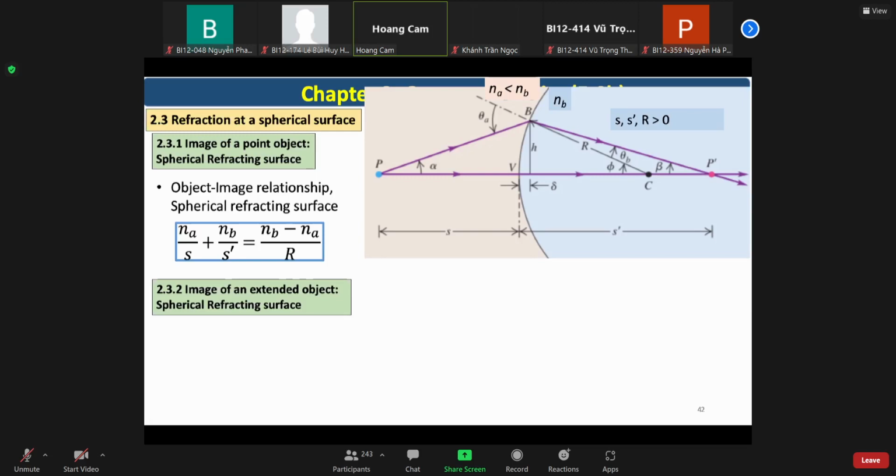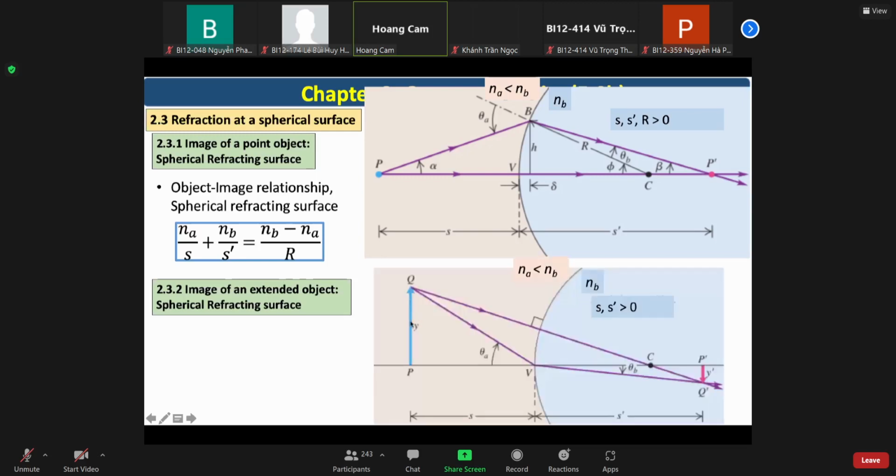So here we have the case of a point, and now we will move to the extended object. So for the extended object with this height, in order to draw the image, we follow our previous steps. We choose the head here, right?